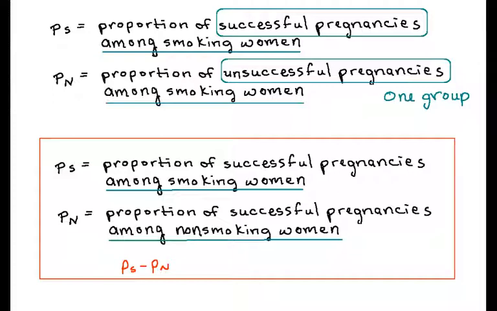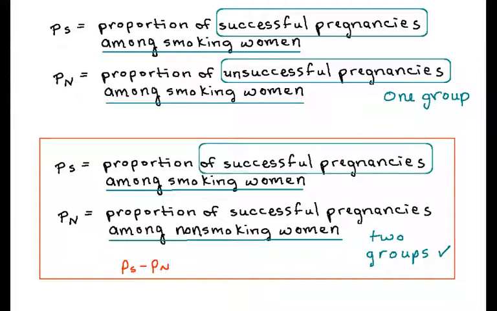So first of all, we see this as two groups. Then we also see that we are comparing the same thing. Successful pregnancies get compared to successful pregnancies. So this is the correct parameter definition for the problem that we were looking at with fertility and smoking.